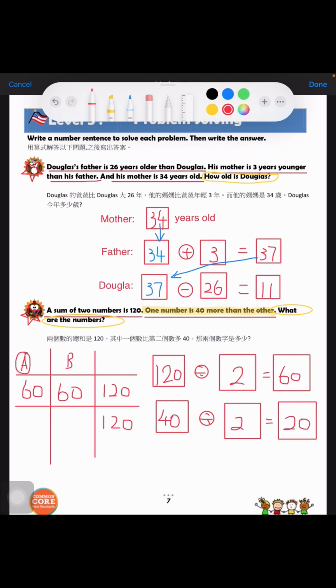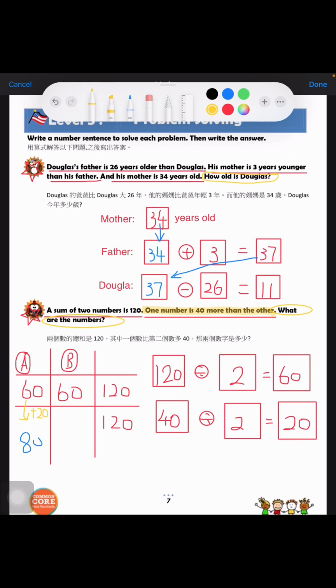So we let the first number be A and the second number be B. A is 40 larger than B. So we'll add 20 to A, which equals 80.